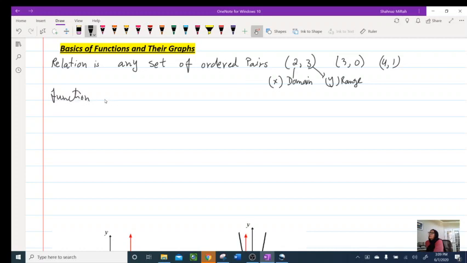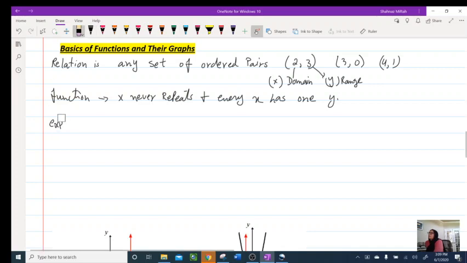A function means x never ever repeats, and every x has exactly one y.